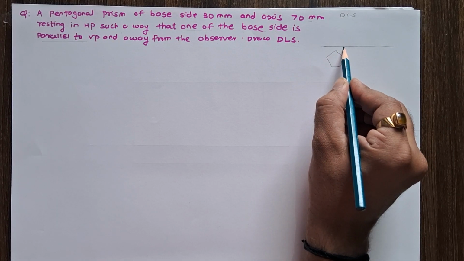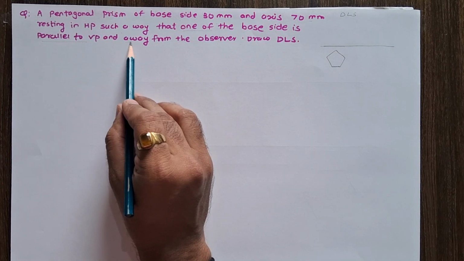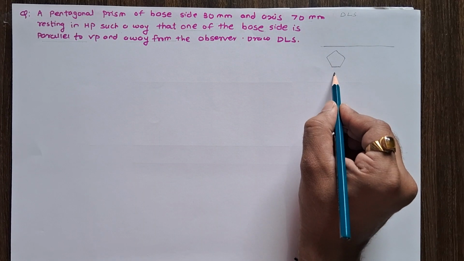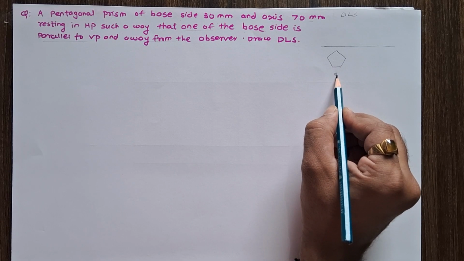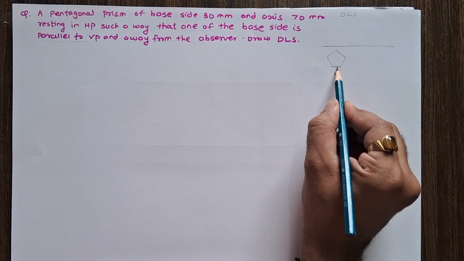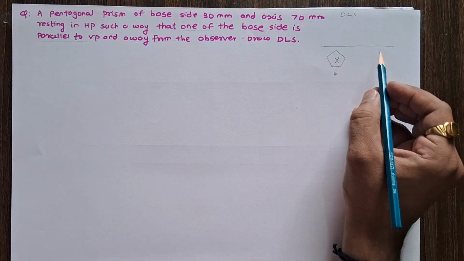So the first condition is satisfied. But the second condition, that the same edge is away from the observer, is not satisfied for this top view. If you look at this object from here, one of the edges is nearer to the observer. So this is the wrong position for this problem.